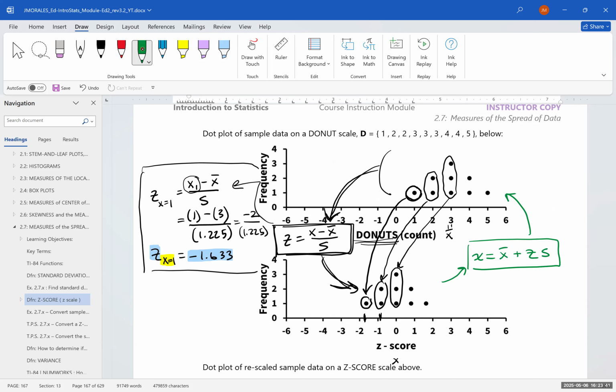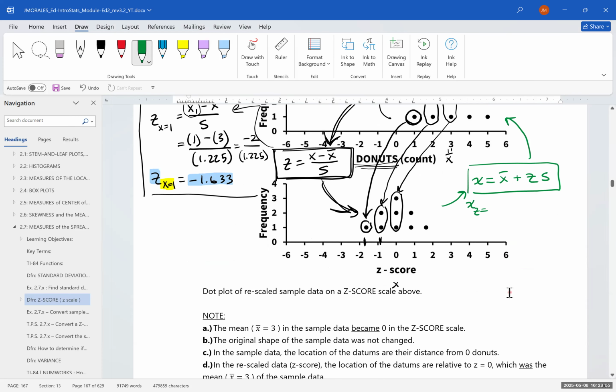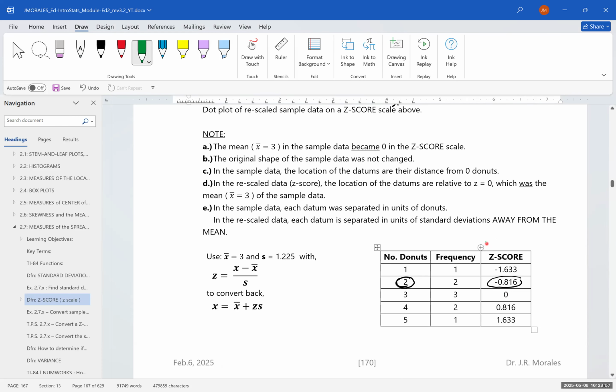So what if we wanted to calculate what the number of donuts is if we have a z-score of maybe positive 1.633? Now, instead of going in this direction, we want to go in that direction.